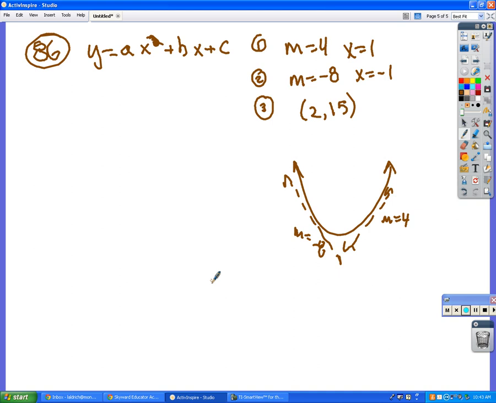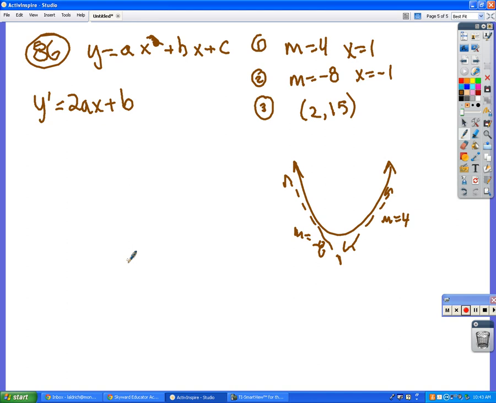So if I know the slope is 4 when x equals 1, what do I do to start with? What is the answer to all questions in calculus? Take the derivative. So the derivative is 2ax plus b. Remember that the derivative is the slope.